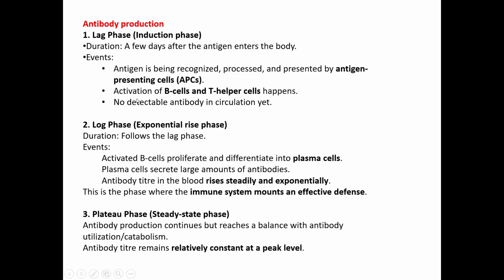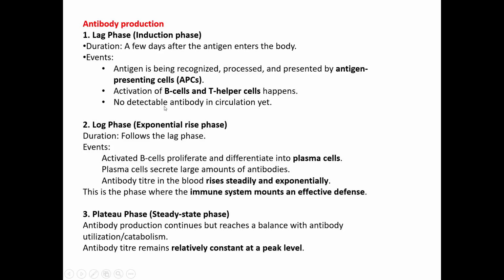Once this is done, activation of B cells and T helper cells takes place. Because all these processes are going on, even though the antigen has entered the body, at this phase there will be no detectable antibody in the circulation. Even if there is a very minute quantity that has started to be produced, it won't be detectable, it is that less.